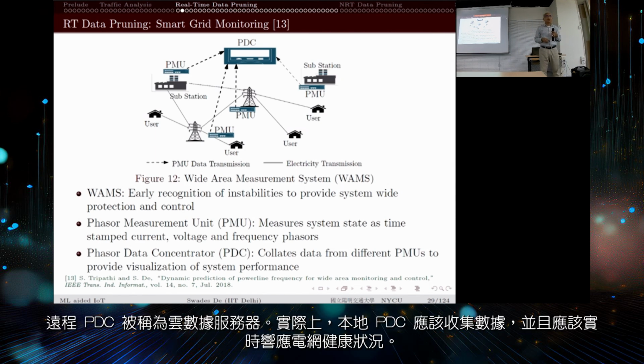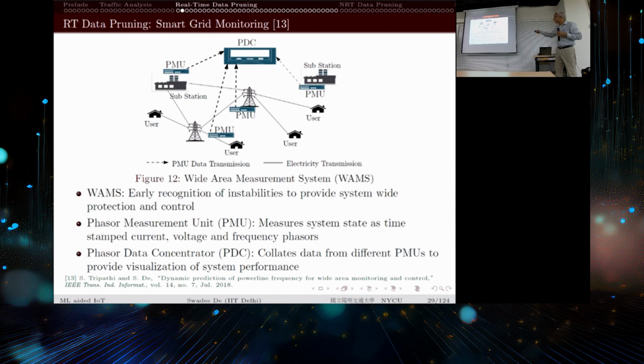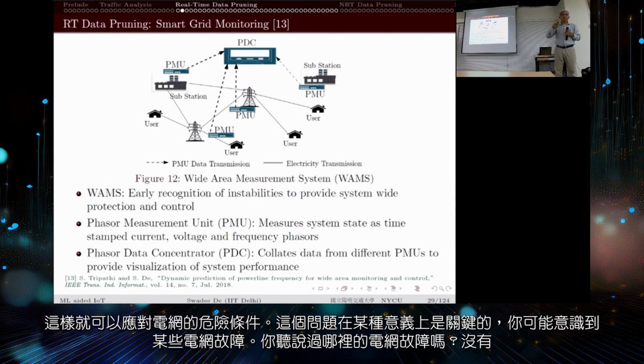Remote PDCs are the ones called cloud data servers. Local PDCs are supposed to collect the data and, on a real-time basis, respond to the grid health so that the grid's hazardous condition can be tackled.